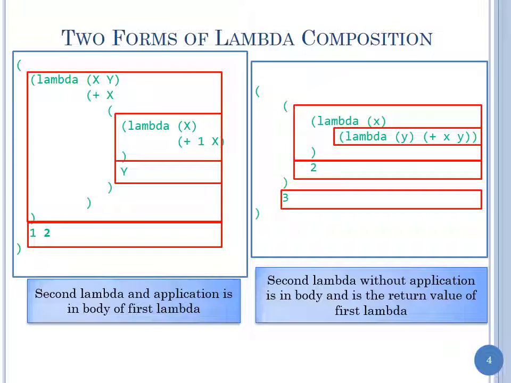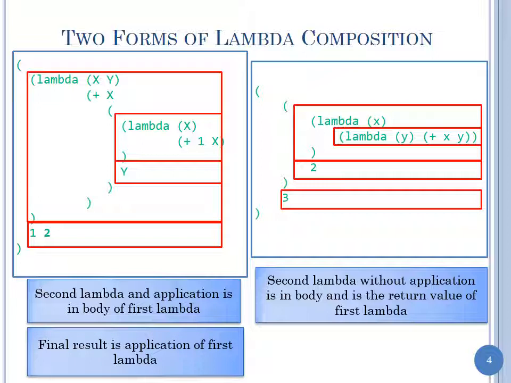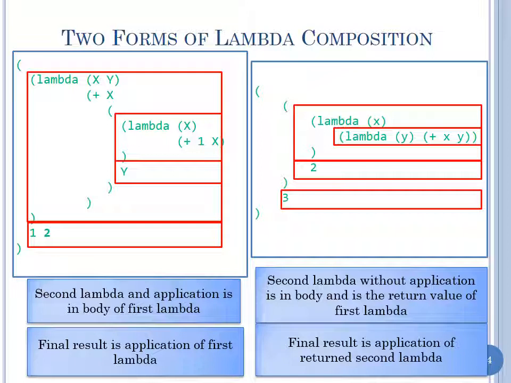So the inner lambda and its application are in the left-hand body, and here only the lambda is in the body. The final result is the application of the first lambda. The final result is the application of the returned second lambda. So you return the inner lambda and the value is the application of that.